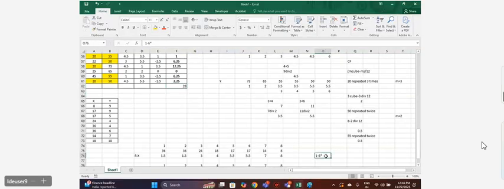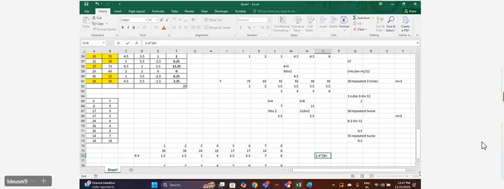So 6 into 28, plus, this is very important, don't forget it, you have to add all the correction factors. In the X series, 20 was repeated 3 times. So what is the correction factor there? 3 cube minus 3 divided by 12.